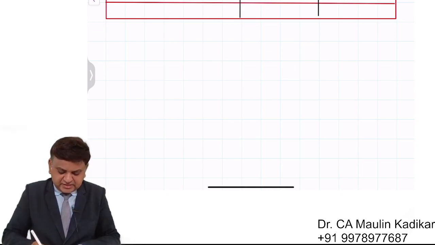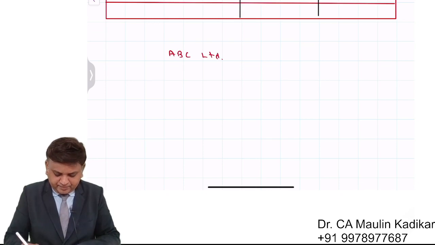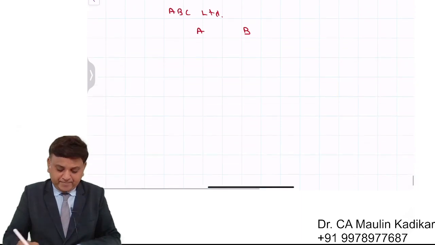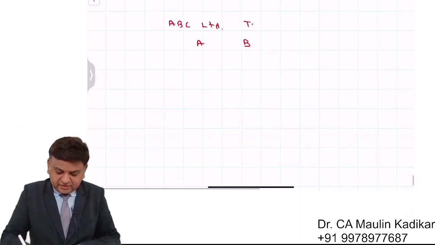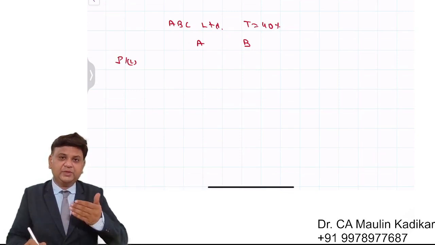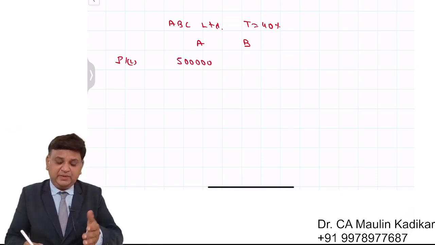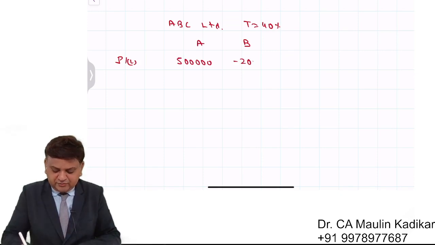Let us say that there is a company called ABC Limited, and let us say that this company is producing two products, A and B. Income tax rate of the company is 40%. Manufacturing of product A has a profit of 5 lakhs. Manufacturing of product B has a loss of 2 lakhs.